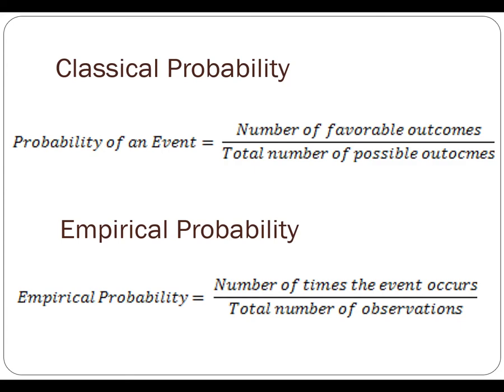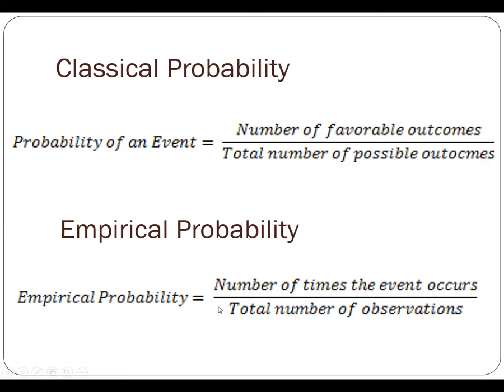So to do this, what we might do is we might collect data for maybe a few months, look at all the males that we have insured, and then out of all those males that we have insured, we look at the number of individuals that got in an accident, and then use that to calculate our probability. So it would be the number of times that the event actually occurred, a male got in an accident, over the total number of observations that we've made.